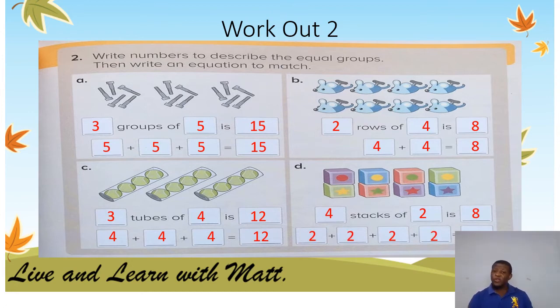So we have 2 plus 2 plus 2 plus 2, which is 8. Now write it down and let's continue. You can pause the video now to copy in your book.